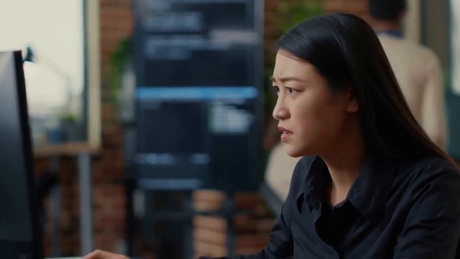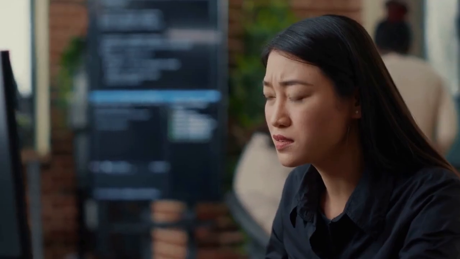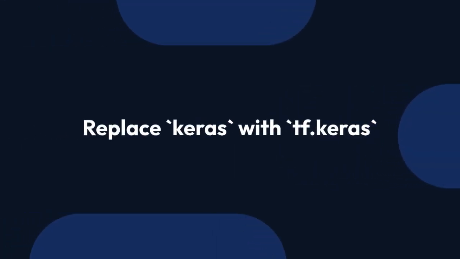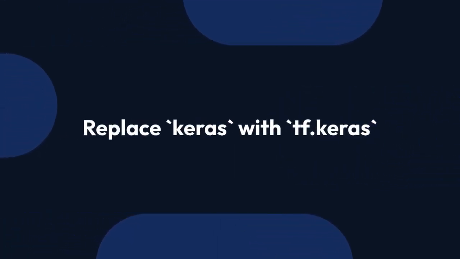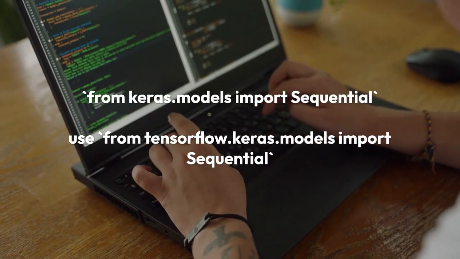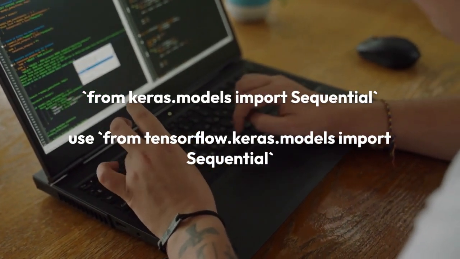This directly leverages Keras within TensorFlow's structure, avoiding the ambiguous pathing that leads to the errors. Remember to replace keras with tf.keras everywhere in your code. For example, instead of from keras.models import Sequential, use from tensorflow.keras.models import Sequential.